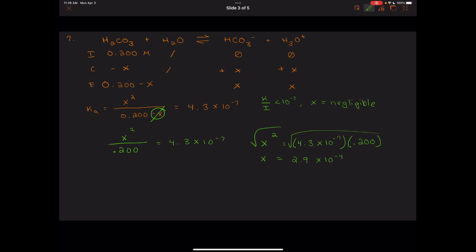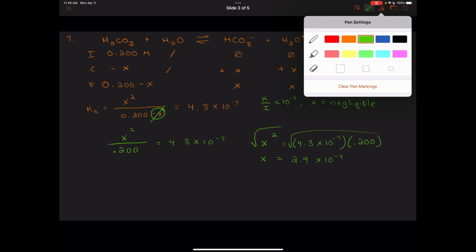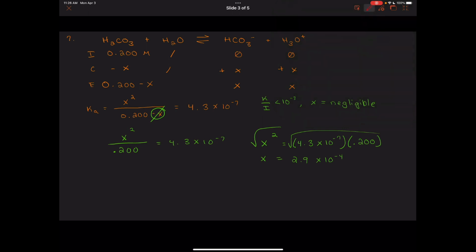The question is asking us for concentrations of each species. So for my H2CO3, we plug our x back into our ice table. If we subtract that 2.9 times 10 to the negative 4th from 0.200, we round back to our appropriate significant figures.